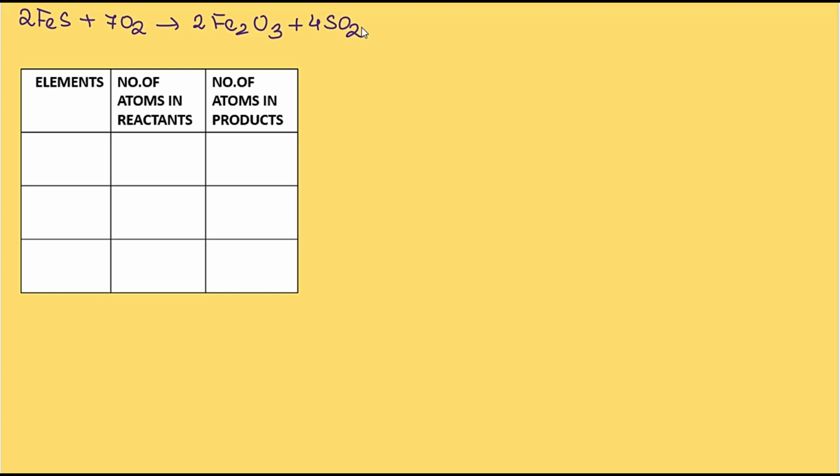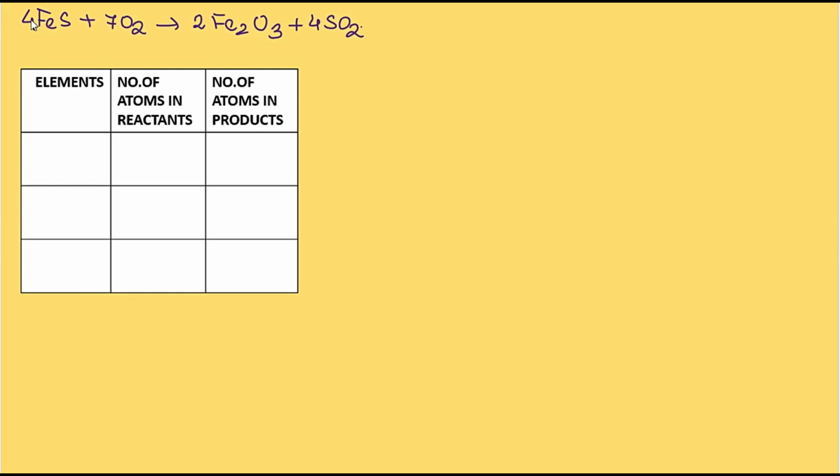So this is the existing equation. To make it 4 for both iron and sulfur atoms, we will simply multiply it with 2. That is 2 into 2, that is 4. So here we will rub this 2 into 2 and write 4.